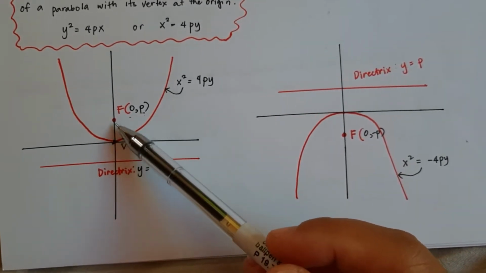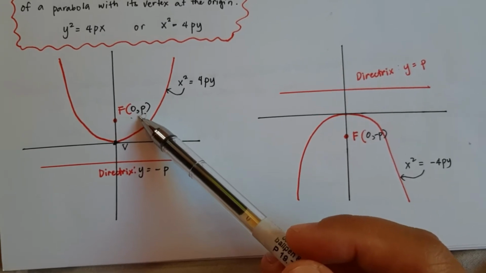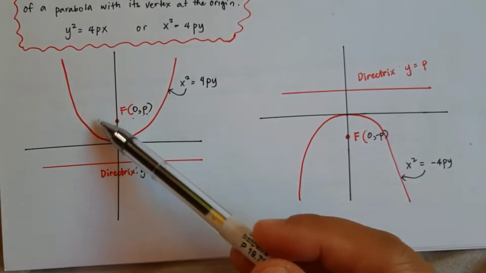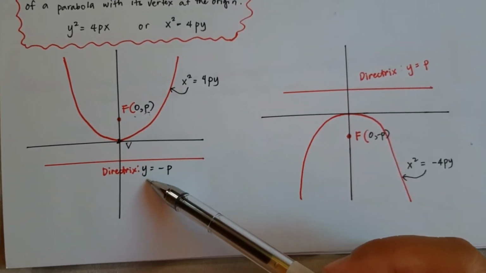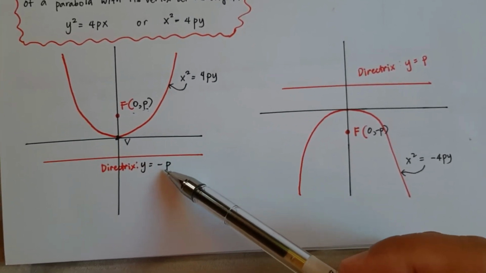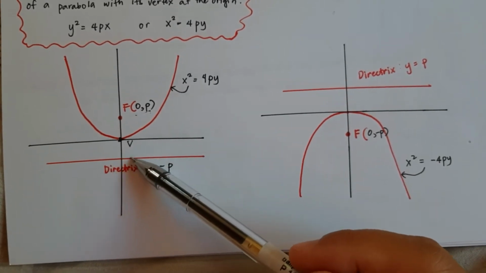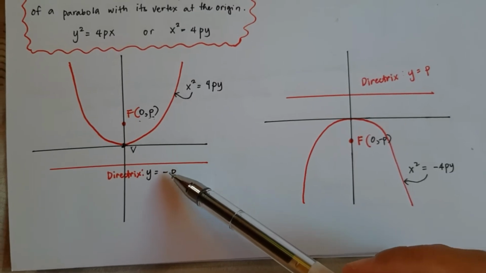From here up to here, which is 0, p. And then directrix, since nasa likod siya ng opening ng parabola, so therefore, y is equal to negative p. Or y is equal to the value of the coordinates here. Pag ganyan. So, the set of all points here on the line.